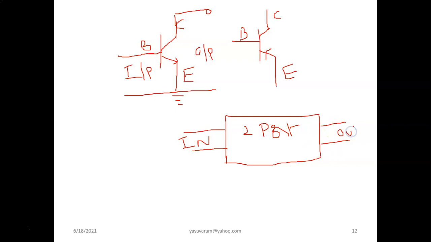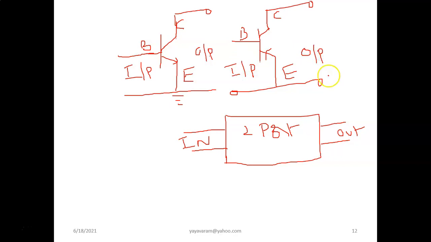Hence, it is called a two-port network. So, based on this connection or arrangement, a transistor can also be equally considered as a two-port network. I have one input port here, and I have another port as output port.